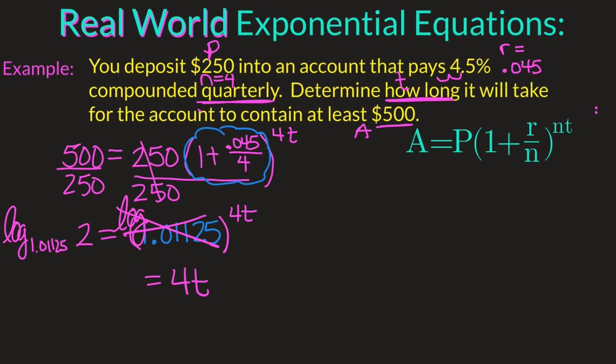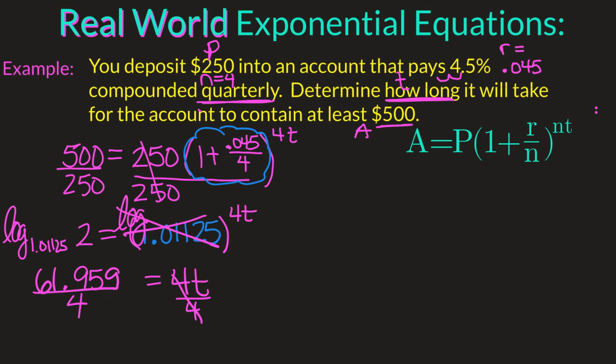Okay, so go ahead and type that in on your calculator. Remember, you can do alpha window number 5, and then you just have to type in that 1.01125 for the base and 2 and hit enter. So this comes out to be 61.959. And to solve for t, we need to divide both sides by 4.